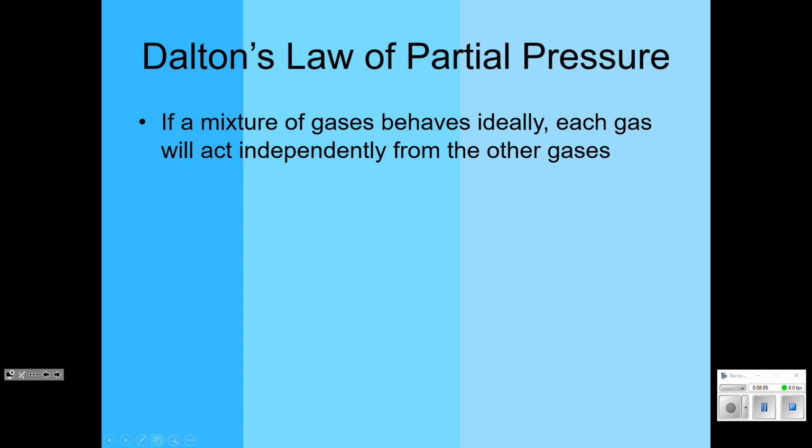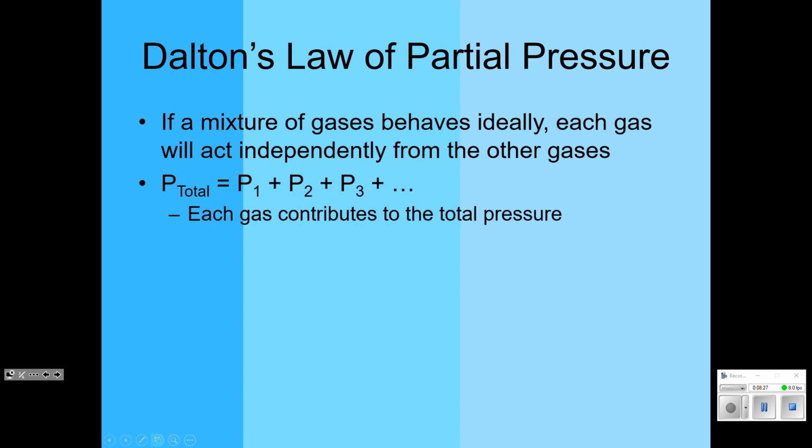That is to happen when the temperature is high enough and the pressure is low enough. Because when temperature is low, things move slow, they're more likely to interact with one another. When pressure is high, things are close together, they're more likely to interact with one another. So Dalton's law says, if gases behave ideally, they act independent of one another.